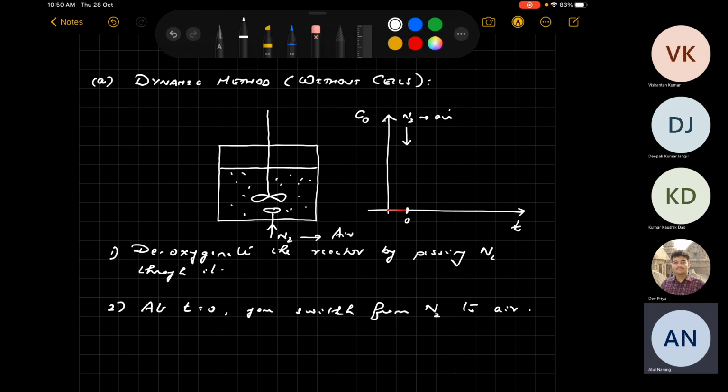You will see more and more oxygen in the liquid phase, which is being picked up by the dissolved oxygen sensor. So it will increase like this, and then it'll finally reach a flat value. And what do you think that value will be? Anyone? So CO star. That's right.